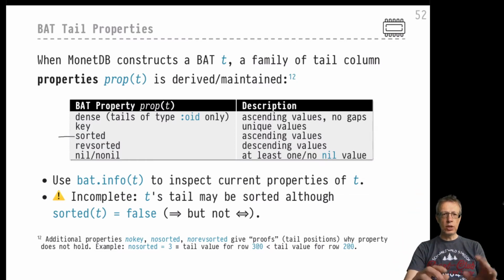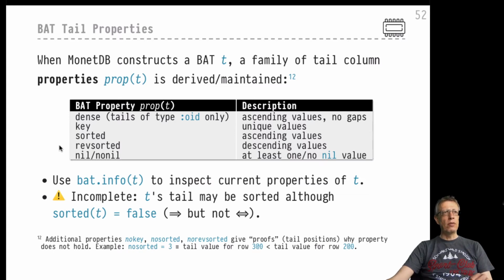They might not be strictly ascending values, but they are ascending. So there's a sort order on the tail column established. There's also revsorted, which would indicate just the reverse sort order, so a descending sort order.